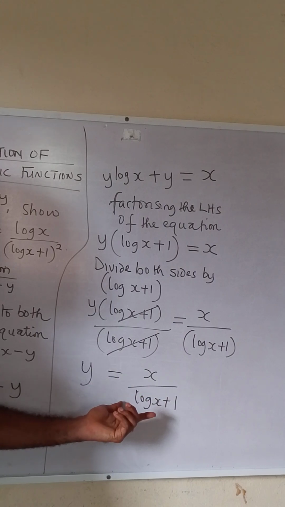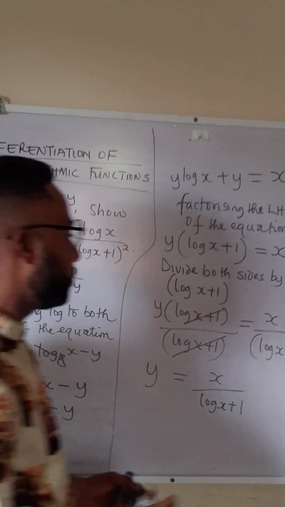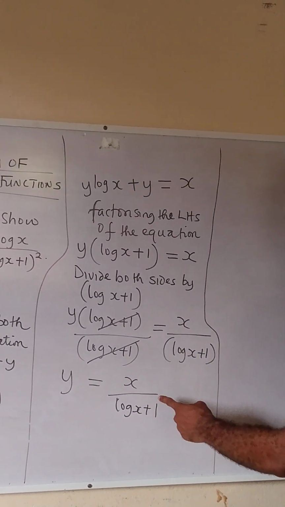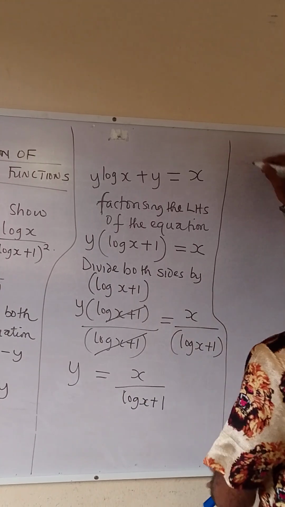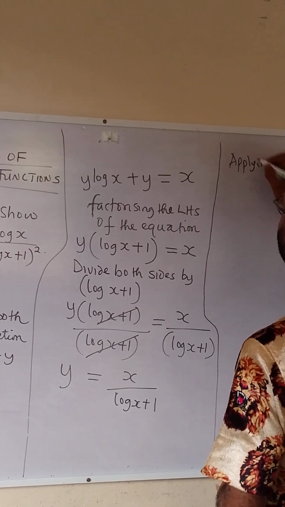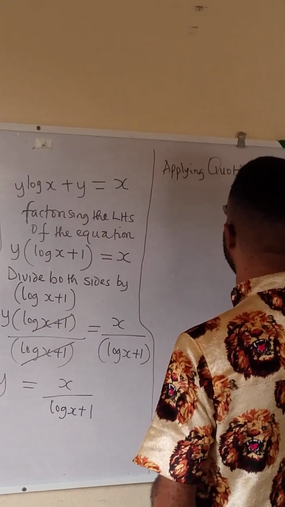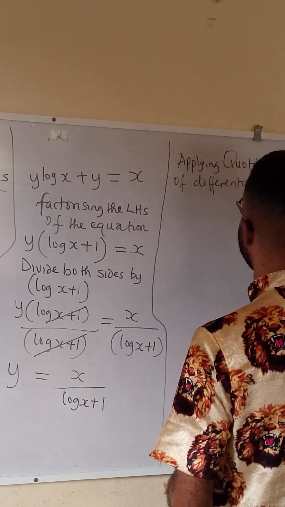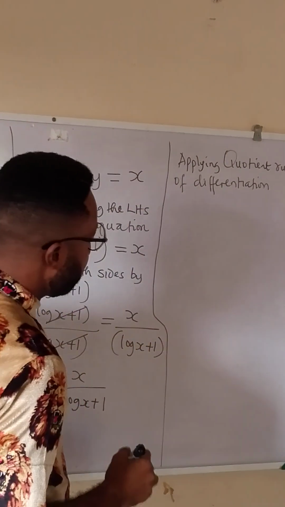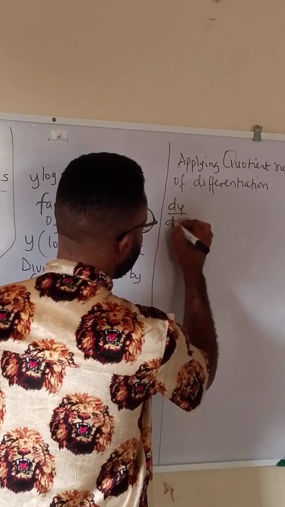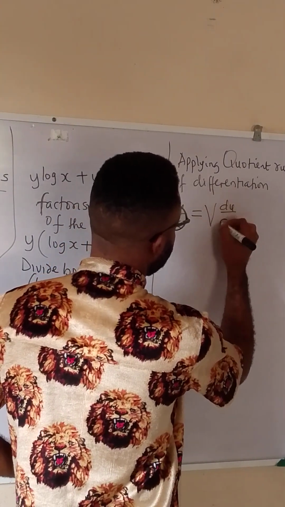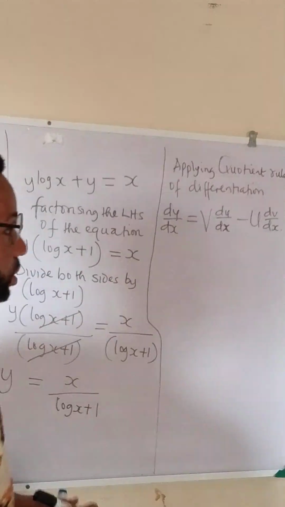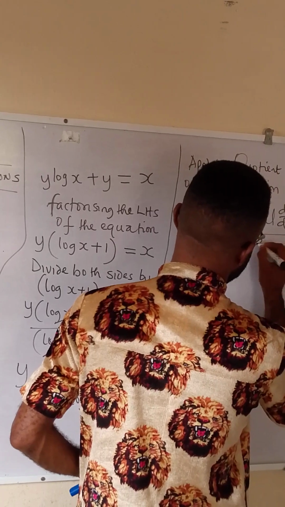For us to proceed from this point, we have to apply the quotient rule of differentiation, because we have this over this. For the quotient rule, dy/dx equals v du/dx minus u dv/dx, divided by v squared.